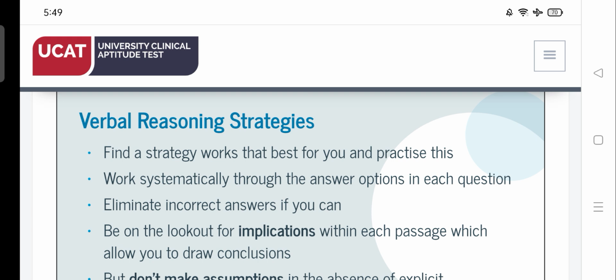Work systematically through the answer options in each question. Eliminate incorrect answers if you can. Be on the lookout for implications within each passage which allow you to draw conclusions.